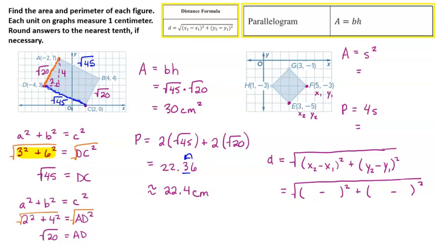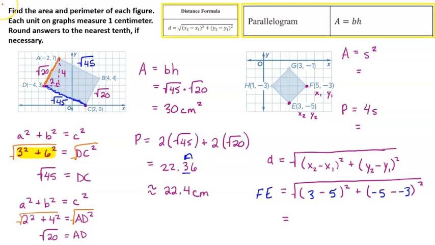So now from here, x2 is going to be 3, and then x1 is 5, y2 is negative 5, and then y1 is negative 3. Now, this makes it so much easier when dealing with negative numbers to kind of view it a little bit easier. And this is going to be the length of EF. Well, technically, FE.